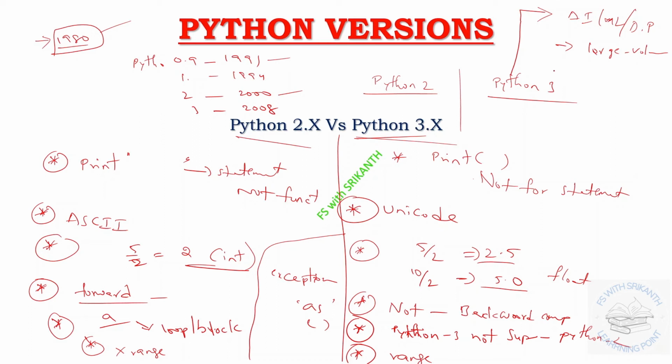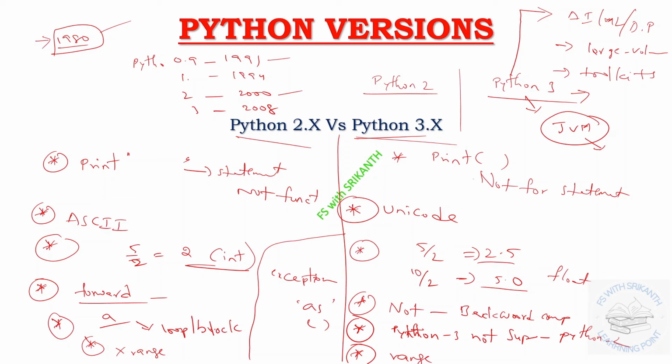Python 3 has different toolkits, and it is migratable with other languages. Python 3 can run in other environments, so Python 3 runs on the JVM also. Python 3 code can run in other virtual machines. That is possible, but Python 2 never runs on other programming languages.